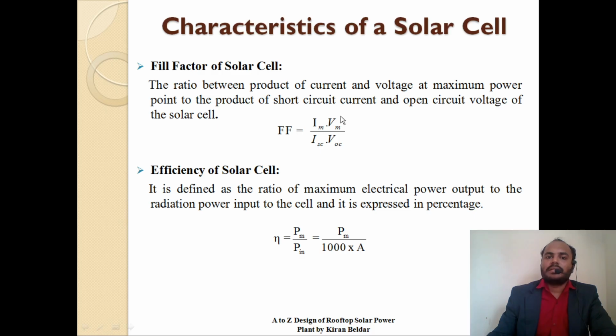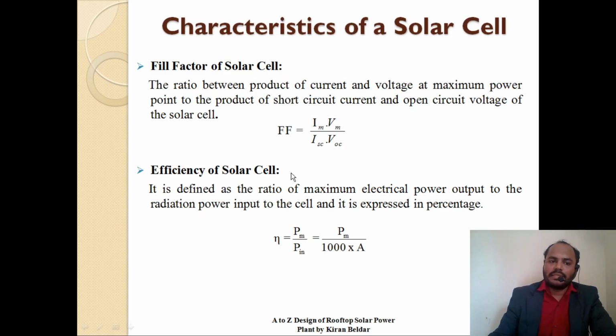It tells us how much of the ideal maximum power the solar cell can actually deliver. Fill factor equals Im multiplied by Vm upon Isc multiplied by Voc, where Im is the maximum current, Vm is the maximum voltage, Isc is the short circuit current, and Voc is the open circuit voltage.